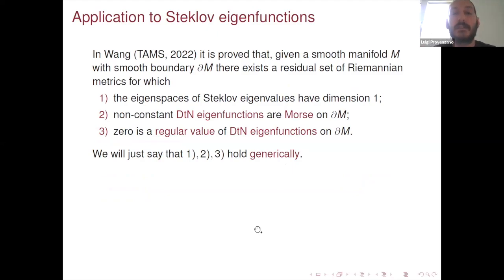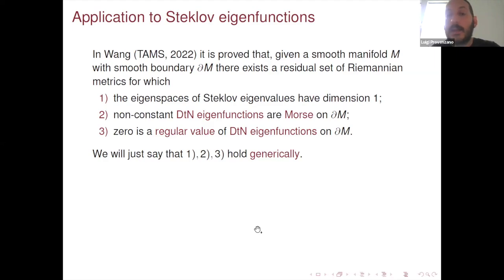Namely, the eigenspaces have dimension 1, which means that Steklov eigenvalues are generically simple; that non-constant Dirichlet-Neumann eigenfunctions are Morse on the boundary; and that 0 is a regular value of a Dirichlet-Neumann eigenfunction on the boundary, which means that if we have a 0 on the boundary of a Dirichlet-Neumann eigenfunction, the tangential gradient there does not vanish.